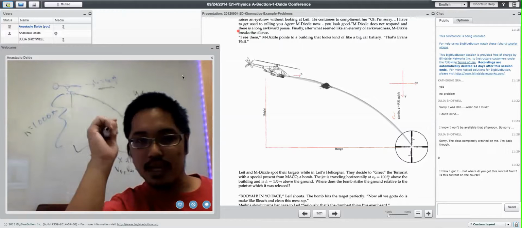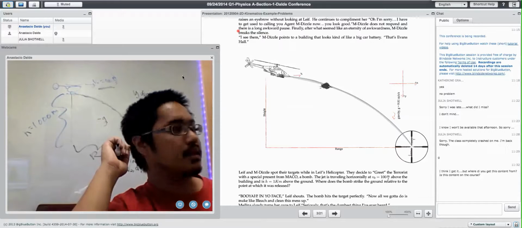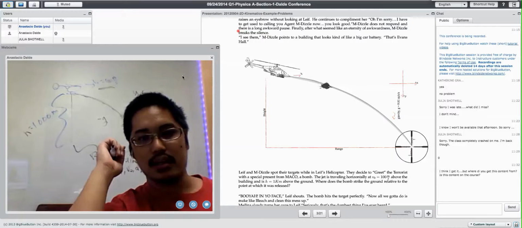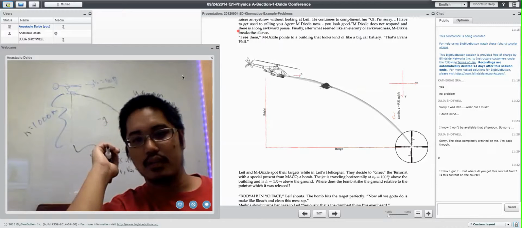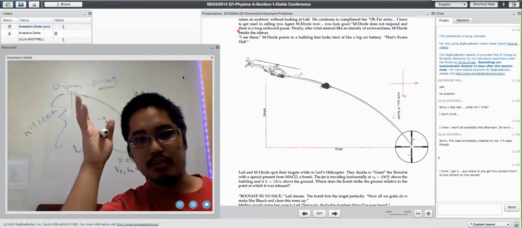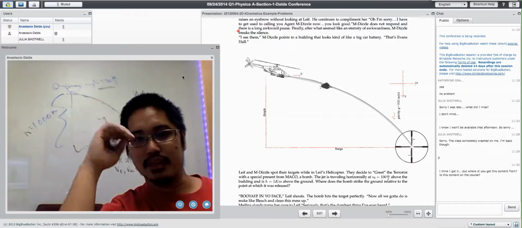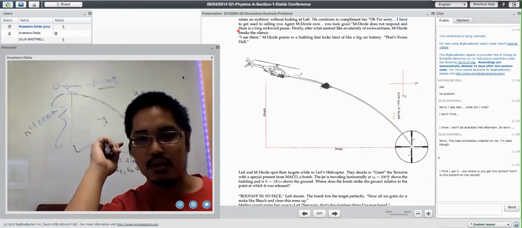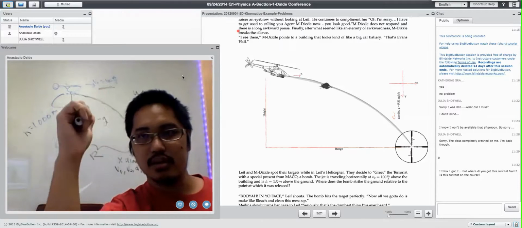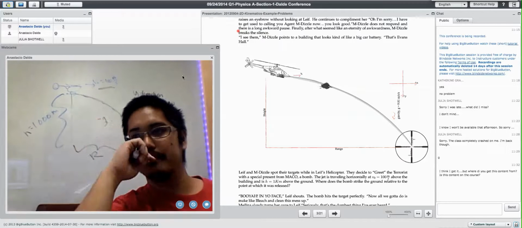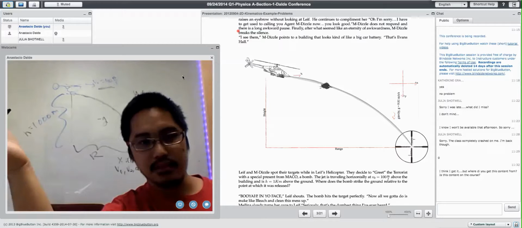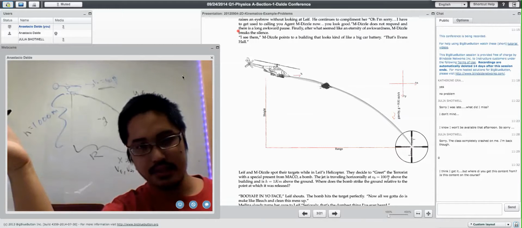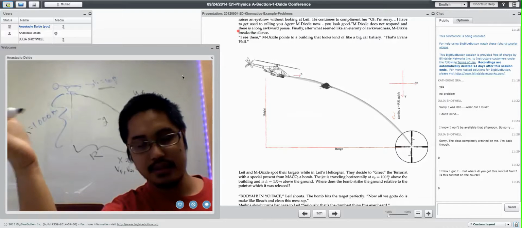All right, let's pretend it's a billiard ball, so we're not talking about a curve ball or whatever. If you throw a really smooth billiard ball, can you make it go faster or slower in the horizontal direction? No. So what is your acceleration in the x direction? Exactly.